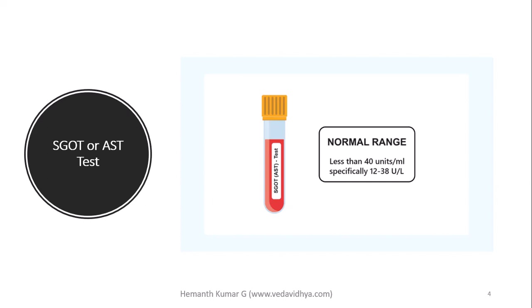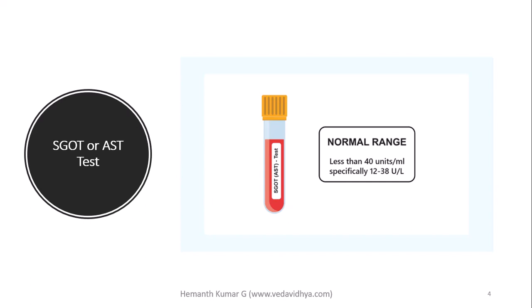It could signal various conditions, from mild liver inflammation to more severe damage like cirrhosis or hepatitis. In such cases, your healthcare provider will likely recommend additional tests or a detailed evaluation to understand the underlying cause.